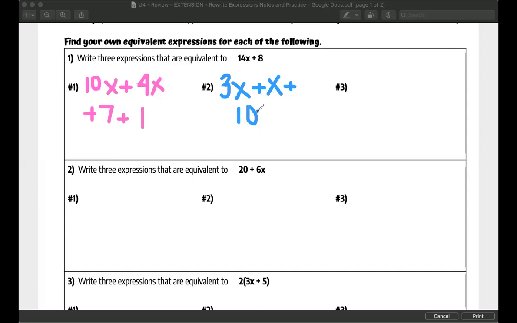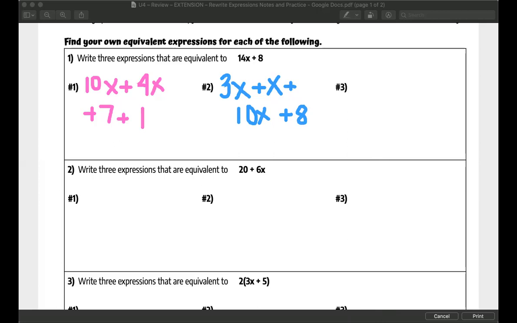That equals 14x. And then we leave the 8 the same. That would be an equivalent expression because again, if we look at this, 3x plus another x is 4x plus 10 more x's is 14x, and 8 is the same as 8. So those two expressions are equivalent to each other.